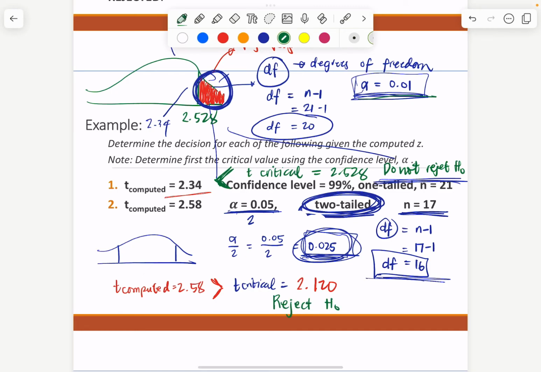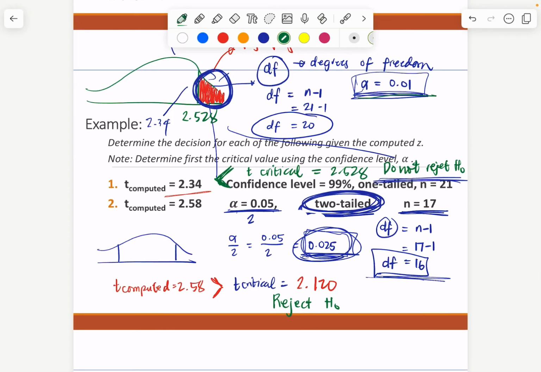Now, this time as well, we can check whether the decision is correct or not using the curve. So, let's just draw our rejection region. This is your rejection region. It has two parts because it is two-tailed. So, let's put negative 2.120 on the left, because it is in the negative end of the distribution.